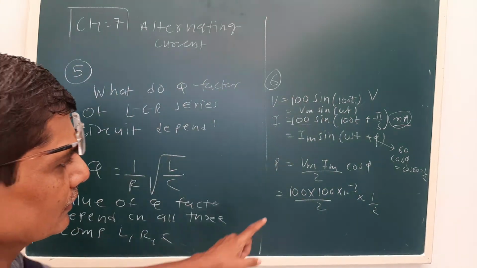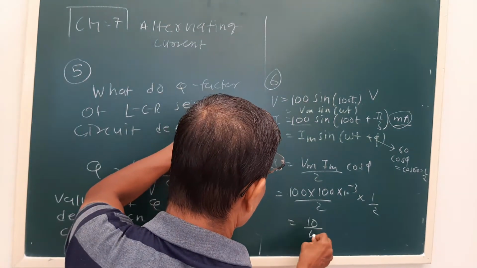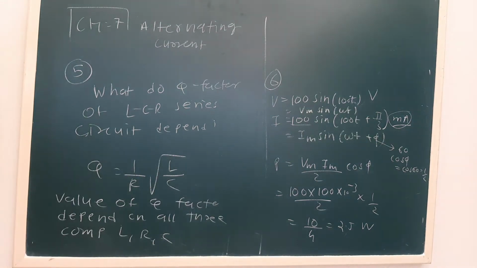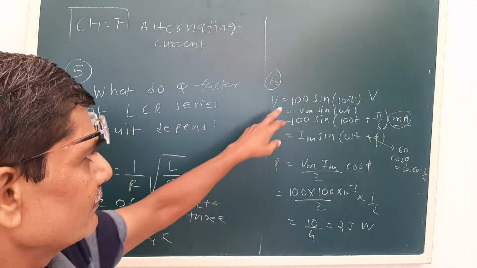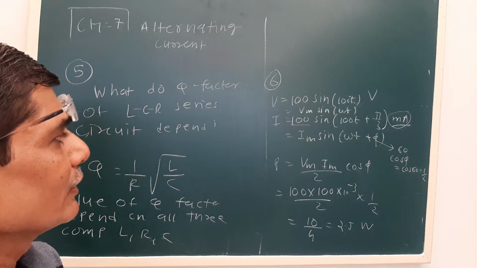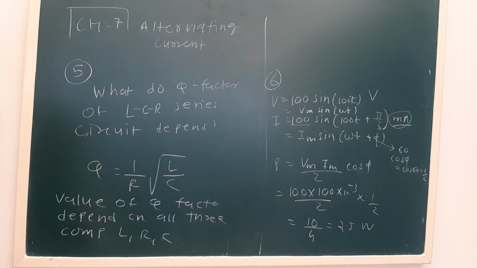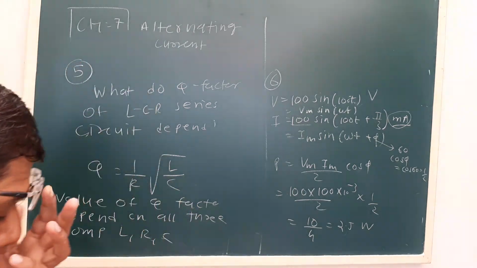Now the power will be 2.5 watt. See what is given here, voltage and current equations. We have obtained the values of Vm and Im, and the phase difference is also given. So by using the formula Vm Im by 2 cos phi, we can obtain the value of the power.